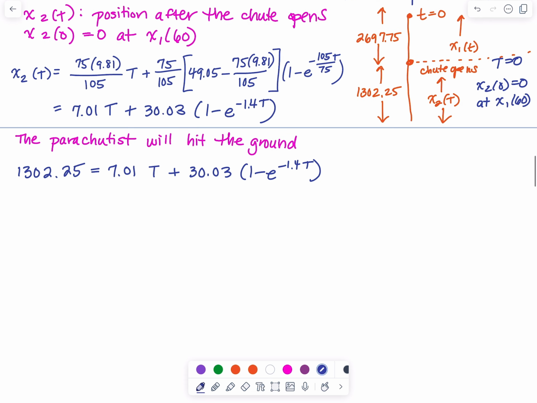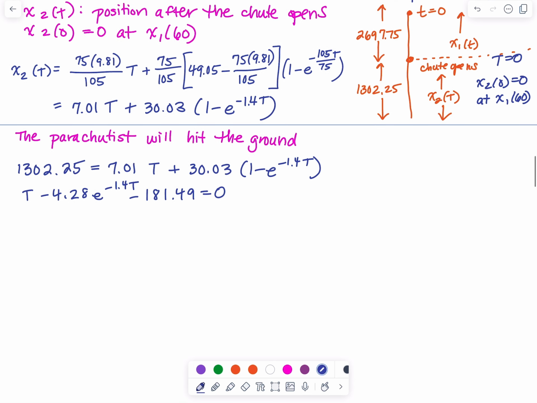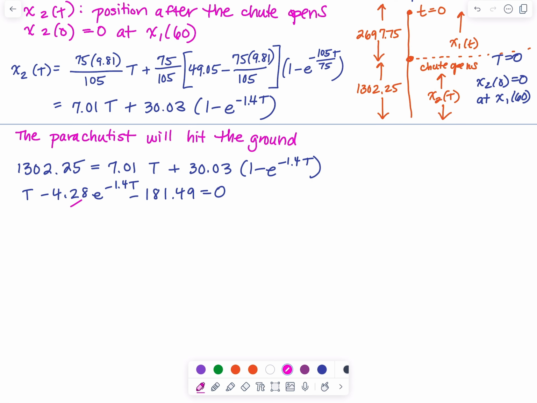And so, simplified, we come up with t minus 4.28 e to the negative 1.4t minus 181.49 equal to 0.